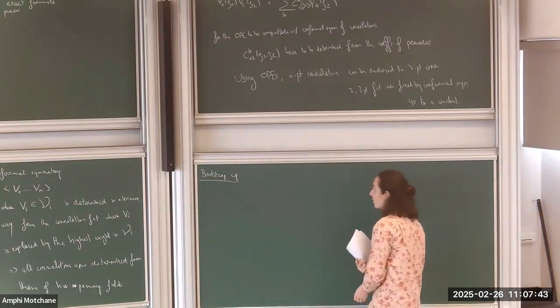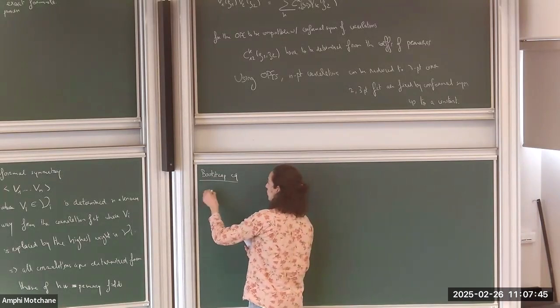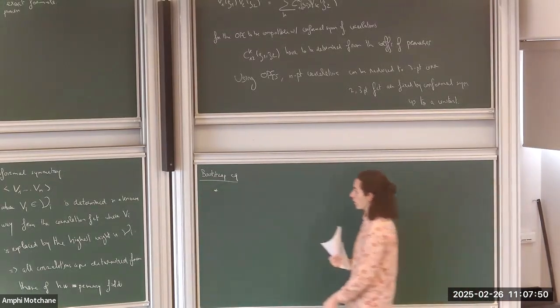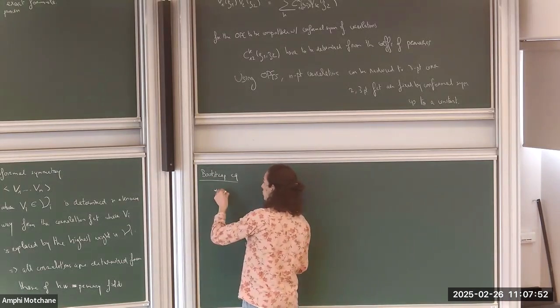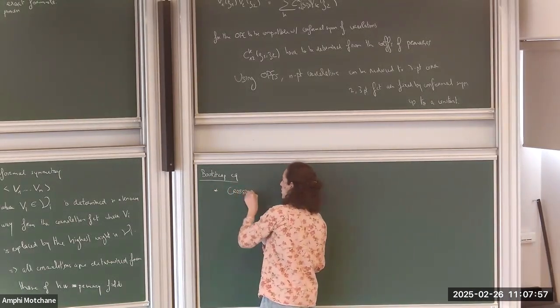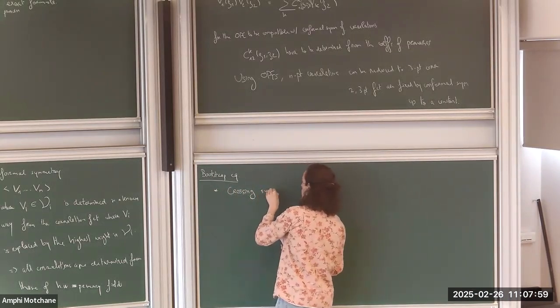Right, so my last ingredient, as I was saying, are bootstrap equations. And there are two main bootstrap equations which are studied and used, which are, I will say the word and then explain what it means.